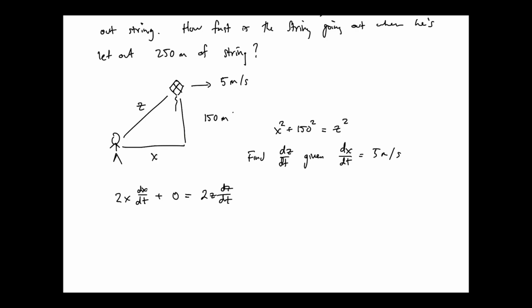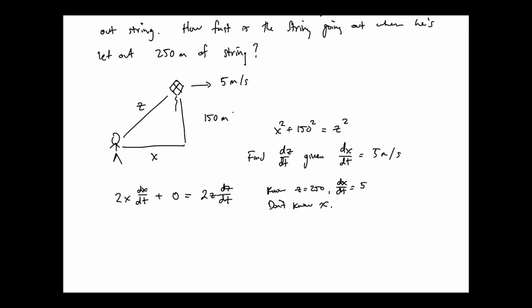Okay. Do we know x at the moment in question? No. Do we know dx/dt at the moment in question? Yeah, that's the 5. Okay. So the first thing we need to do is, so we know that z is 250, dx/dt is 5, but we don't know x. Okay.